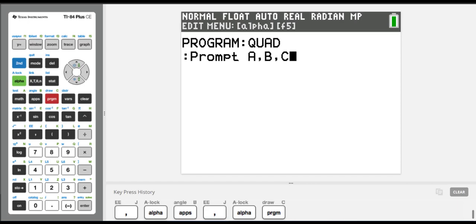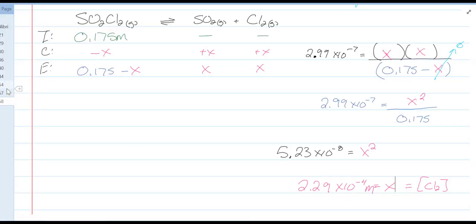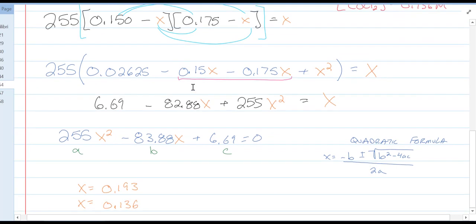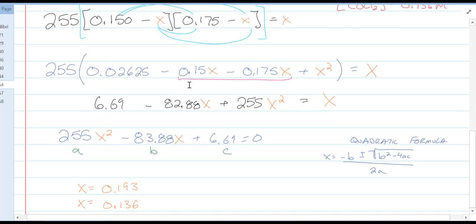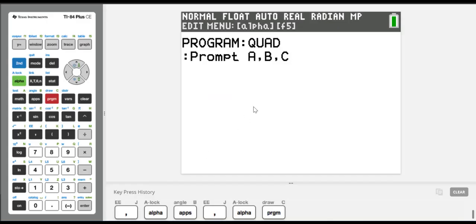Because if we go back to the earlier problem here, what was it, 54 that we did this in? Yes. A, B, and C. I need A, B, and C to do this. So prompt A, B, and C.